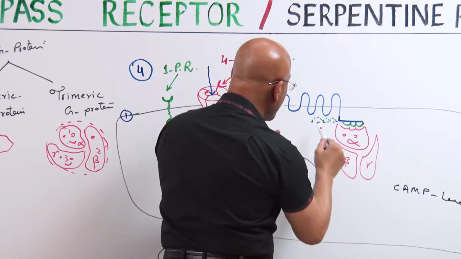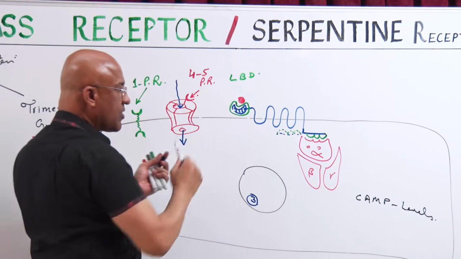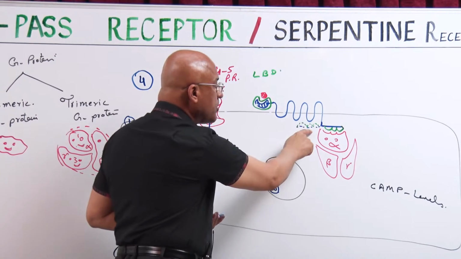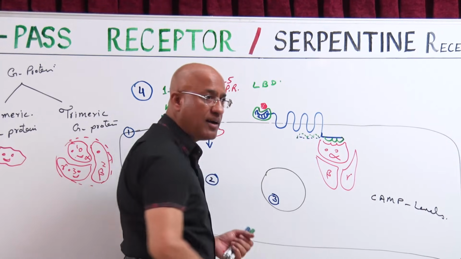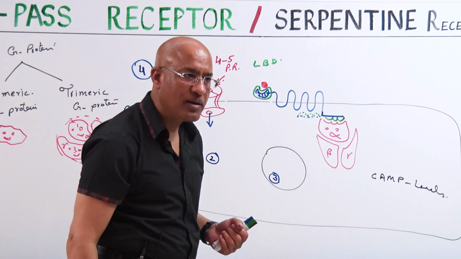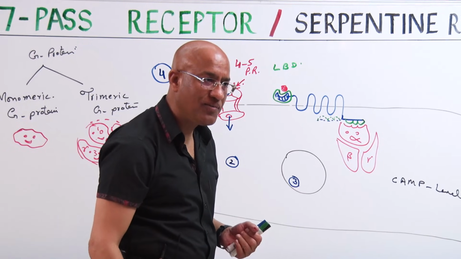No. So when the ligand is removed, the effector domain becomes altered in such a way that it is not available to the trimeric intracellular G proteins.